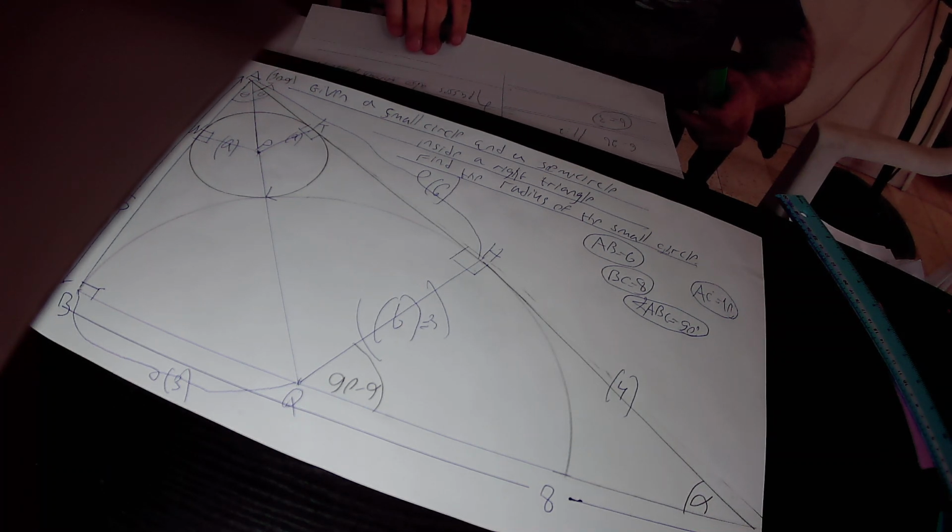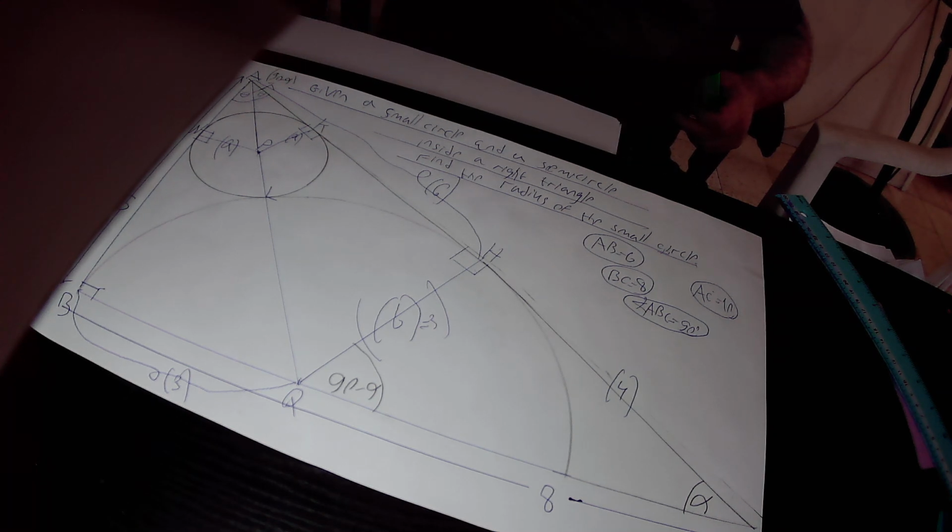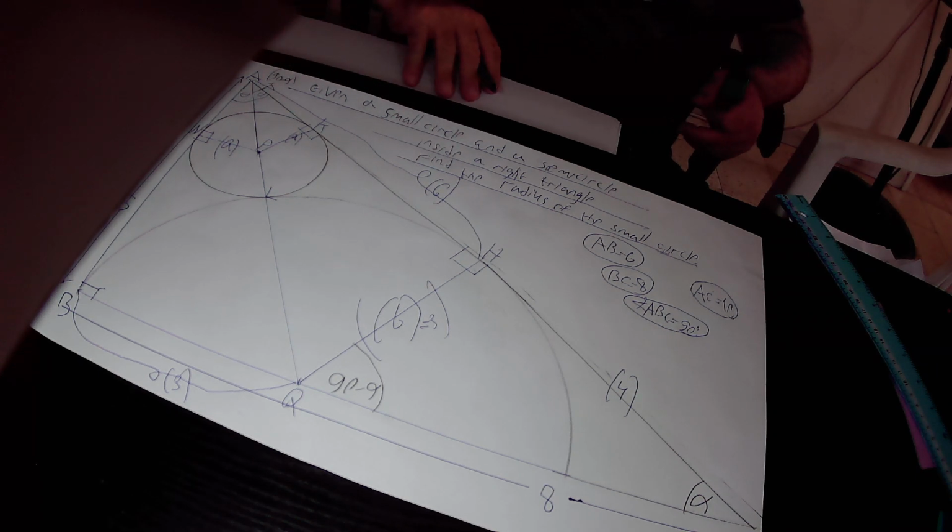So in conclusion, we can find out that the angle bisector of this angle A passes through points A, P, and Q.